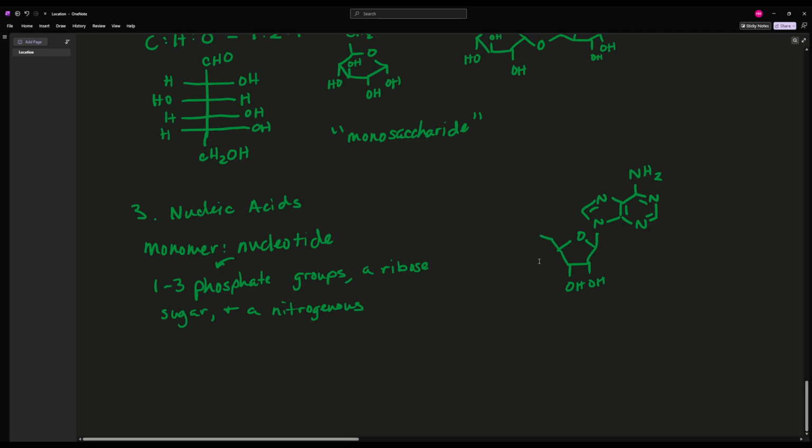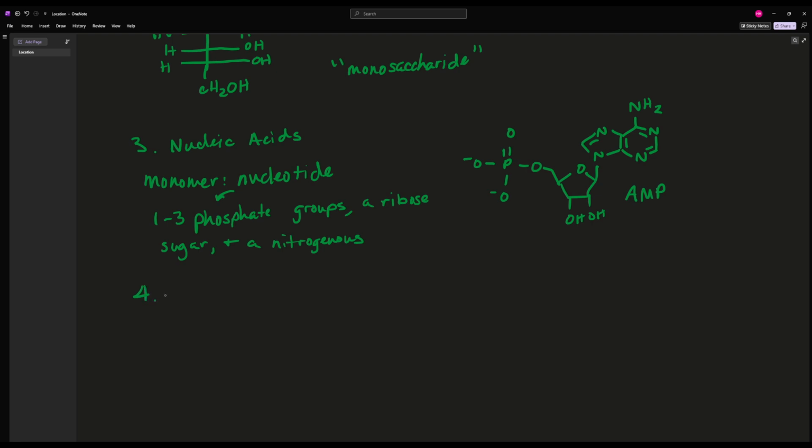And then finally, we can add in our phosphate. This specifically is adenosine monophosphate, otherwise known as AMP. Polymerizing multiple of these nucleotides together, which we will learn how to do in genetics, will result in our nucleic acids.